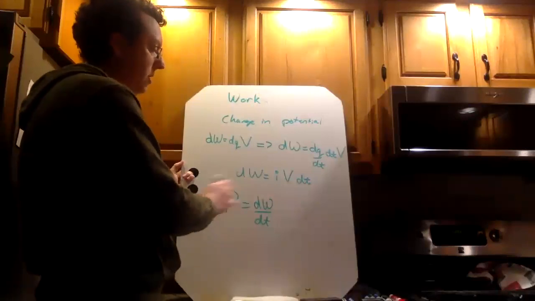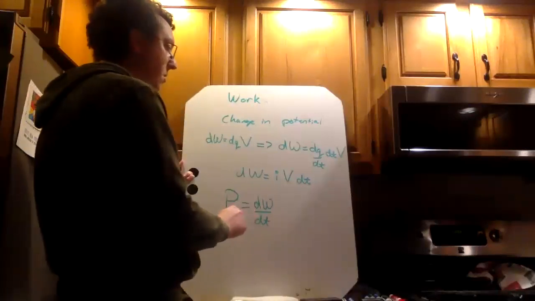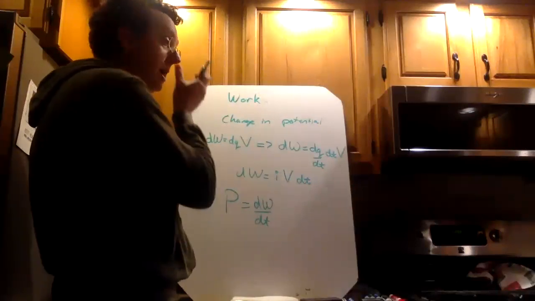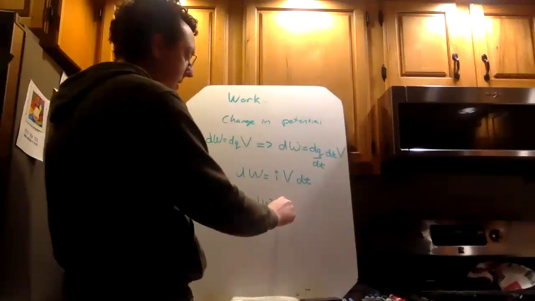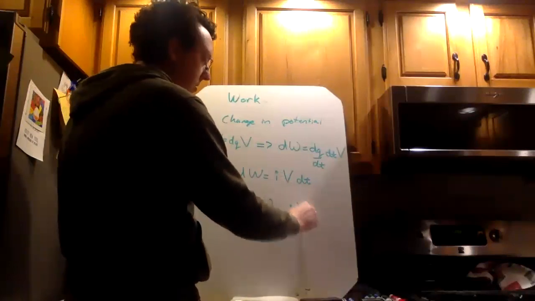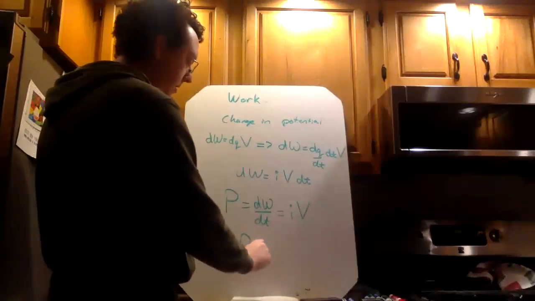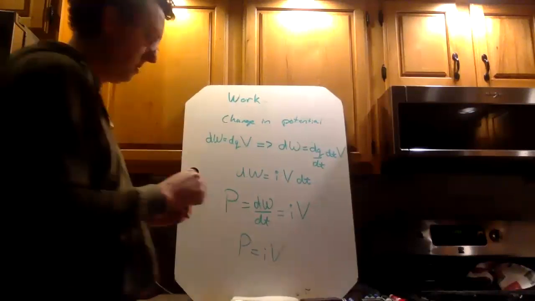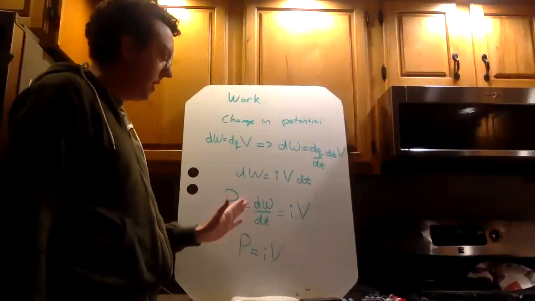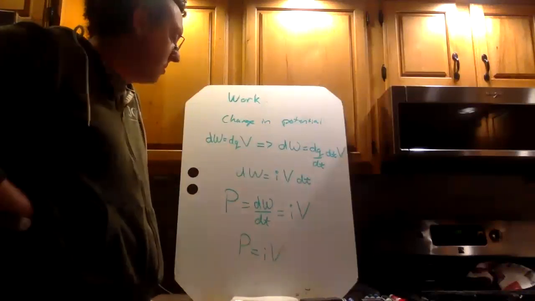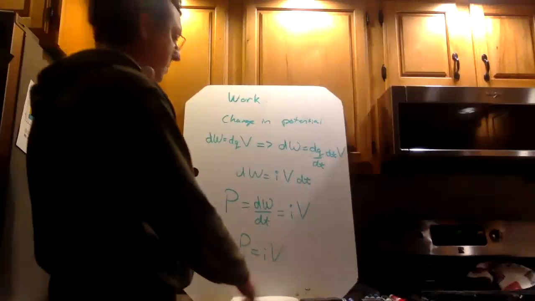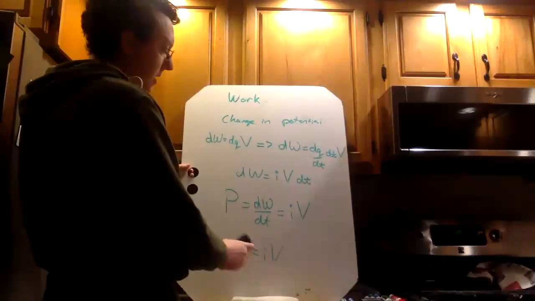So this would be the power needed to be supplied to push it through, or in steady state, it's also the power radiated out in the form of heat. Anyways, it equals I times V. So P equals IV, PIV. That means that for a device with a current passing through a voltage difference, the power is the current times the voltage. That's handy to know, PIV.